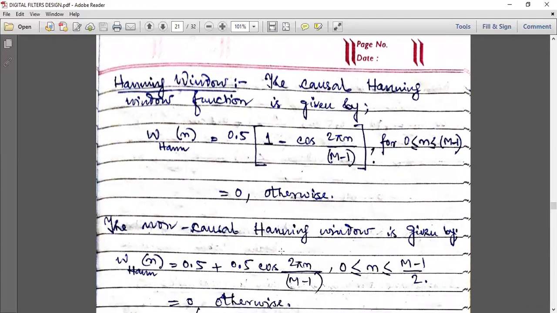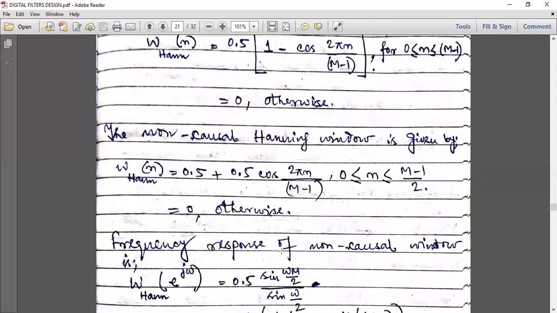Okay, the non-causal Hanning window is given by w(n) equal to 0.5 plus 0.5 cos of 2 pi n by (M minus 1), where n is greater than or equal to 0 and less than or equal to (M minus 1) by 2. Actually, for causal and non-causal, the ranges are different, nothing else.